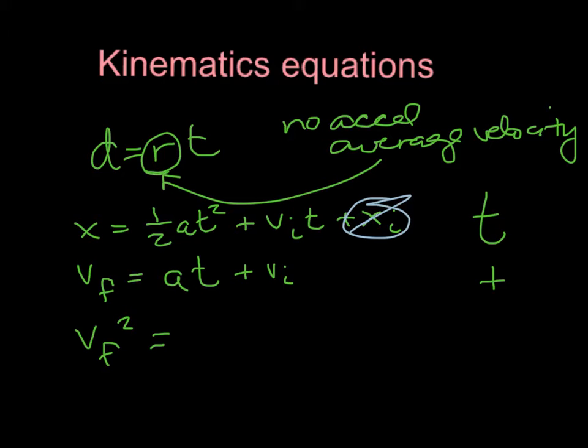V final squared equals V initial squared plus 2ax. So our final velocity squared is equal to our initial velocity squared plus 2 times the acceleration times x, which is your displacement. Alright, so pause the video, write these guys down, because you're going to be using these a lot.